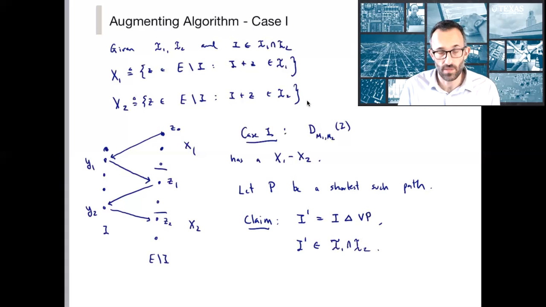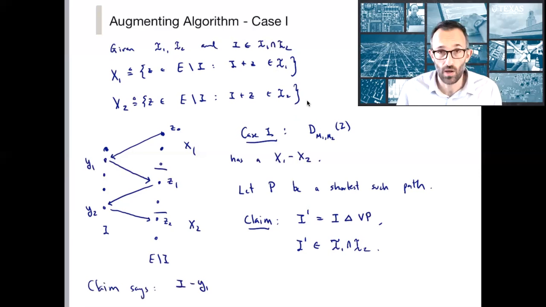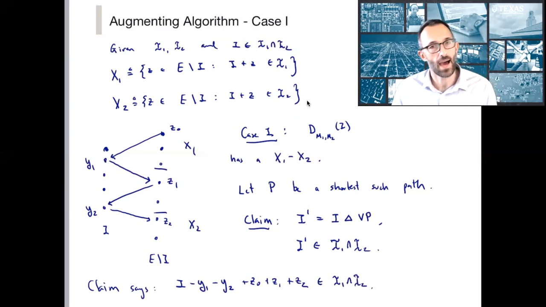So in this picture, that would mean that if I look at I and I subtract y1 and I subtract y2 and I add z0 and z1 and z2, that's a symmetric difference, then this is in I1 intersect I2. And indeed, you can see I subtracted 2 things, I added 3 things, so I have augmented.